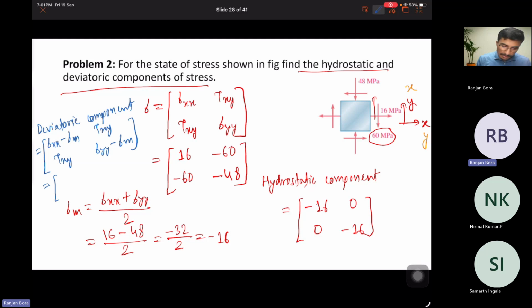If we put sigma xx as 16 and sigma m as minus 16, then 16 minus minus 16 will be 32. Tau xy is minus 60. And sigma yy is minus 48, so it will be minus 48 plus 16, which is minus 32.